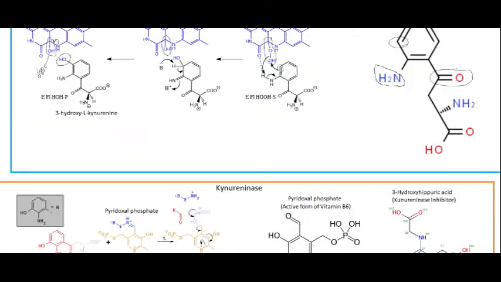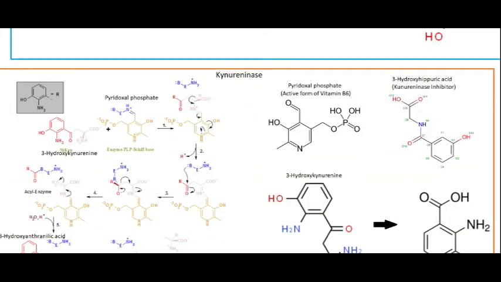All right, and so the next step is this kynureninase, which now takes our 3-hydroxykynurenine from the last step here, and this pyridoxal phosphate, which is vitamin B6. So I have vitamin B6 shown up here.